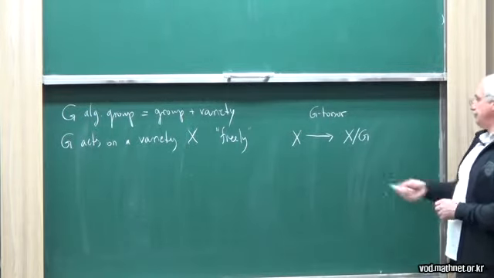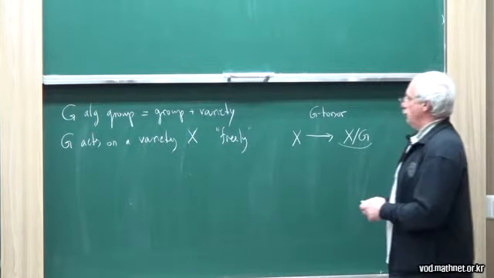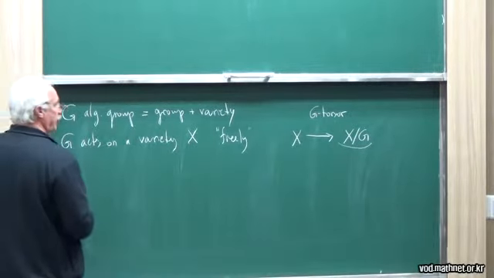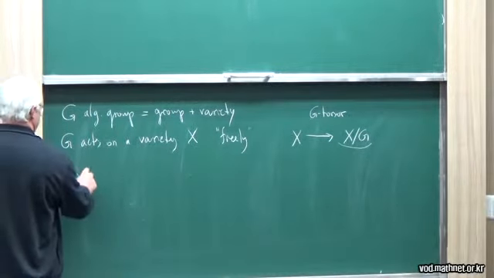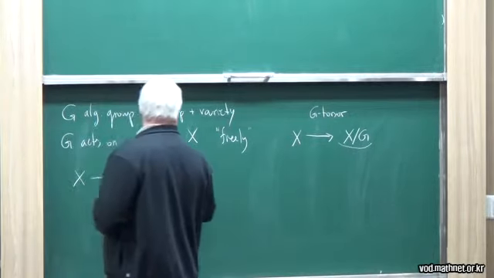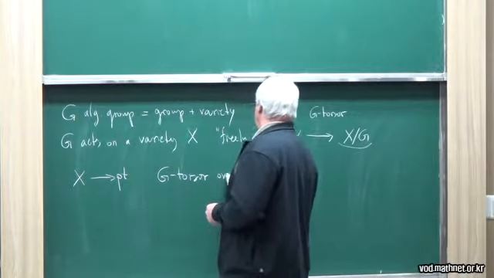Well, sometimes the base variety for a torsor is just one point. Such torsors we will call torsors over F. So X to the point is a G-torsor over F.